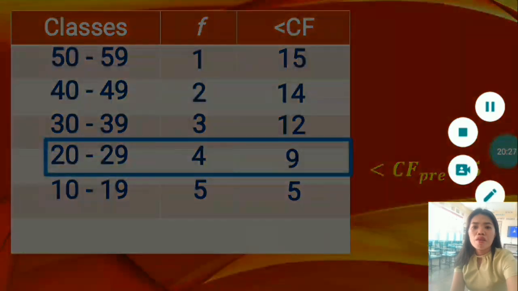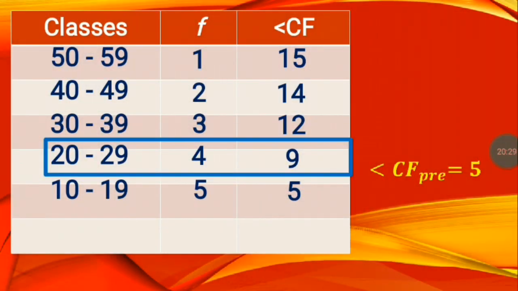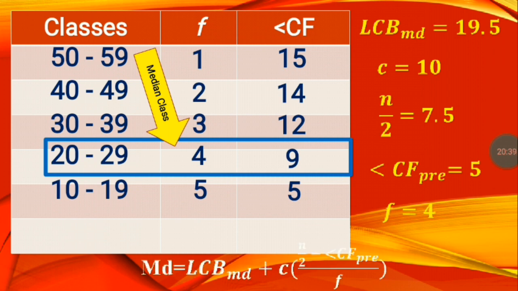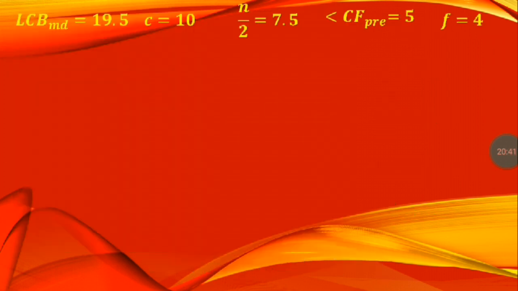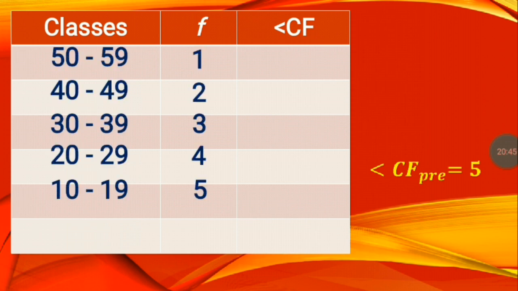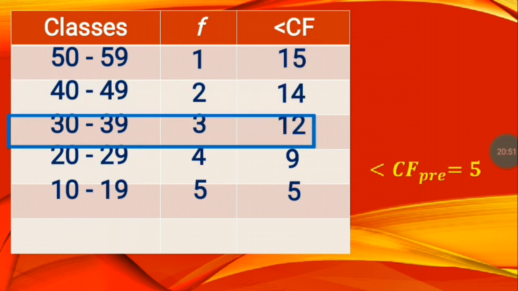Let's get first all the data so you'd understand it better. So now, let's go back. You have the classes, you have the frequency, you have the cumulative frequency table.